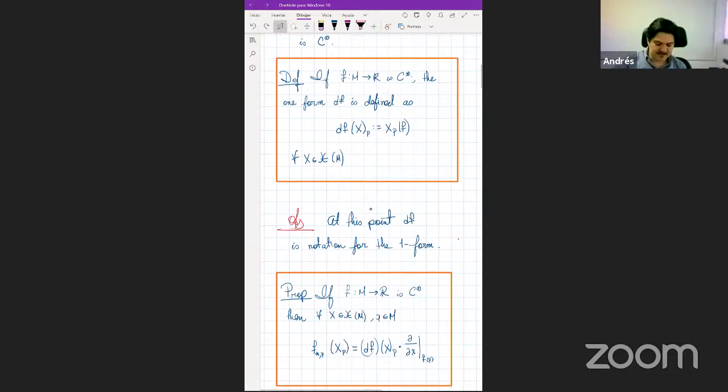And now, actually, what we defined a few moments ago is exactly the same as the notation that we studied a long time ago. Okay? So I have a function like this. The differential of this function, f lower star, goes from the tangent space to the tangent space. Right?